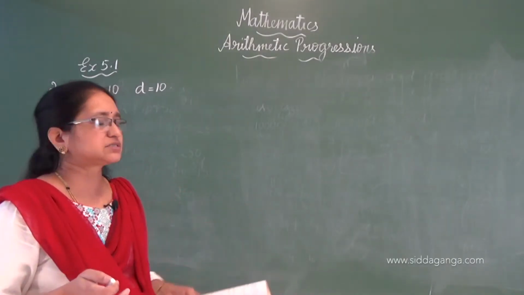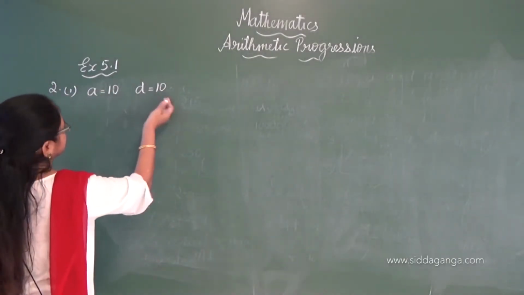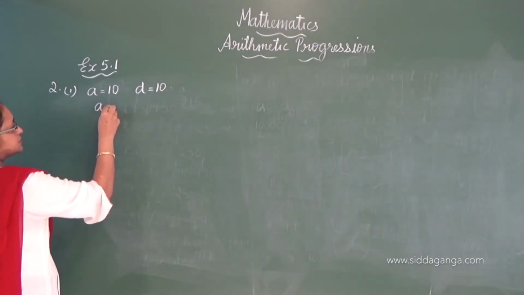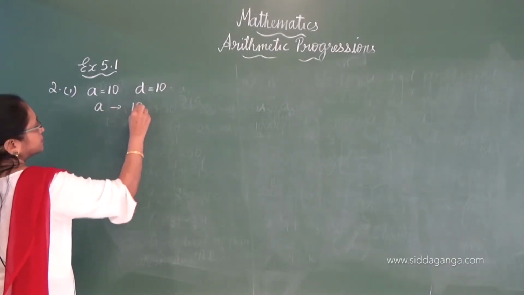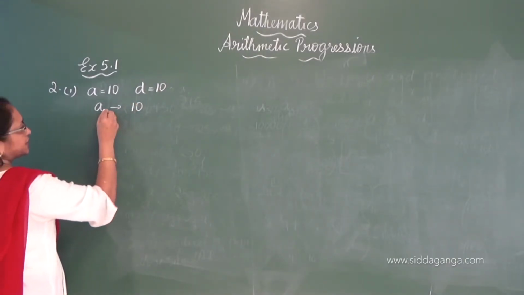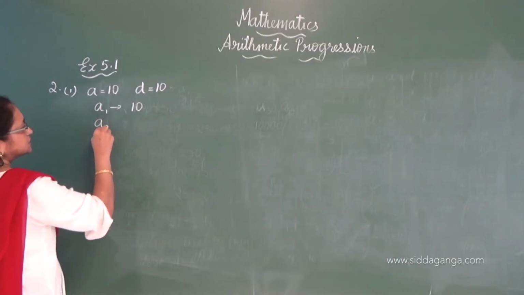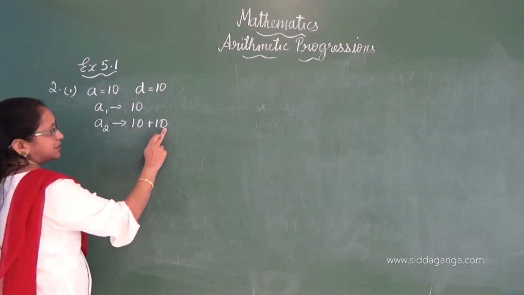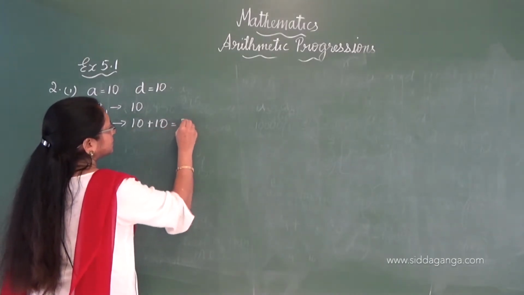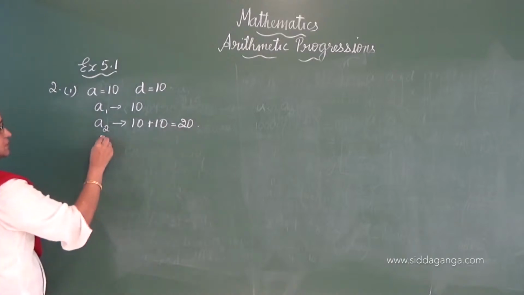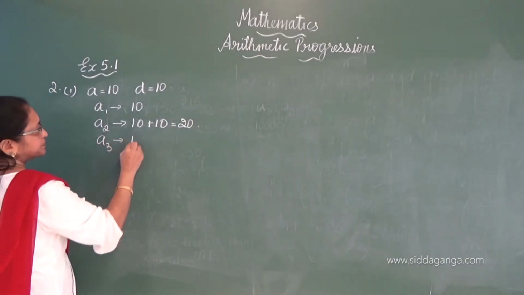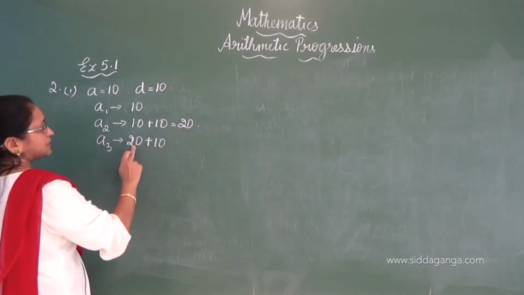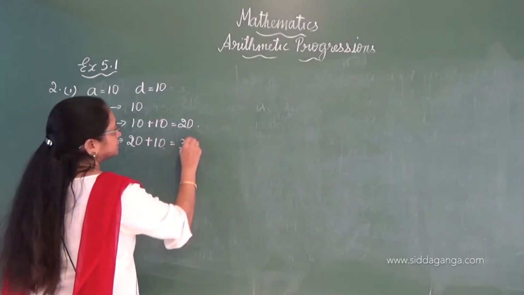Now they have given the first term and the common difference. So for us the first term is 10. So A is 10. Then for the second term, we consider 10 plus 10, so A plus D will be equal to 20. So second term is 20. A3 is 20 plus 10, again 30.